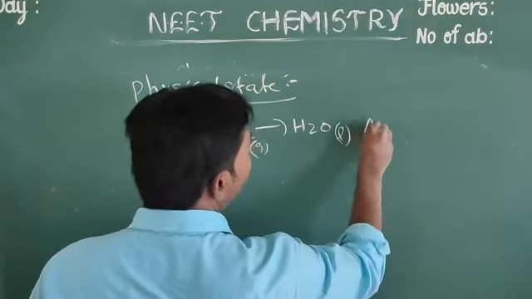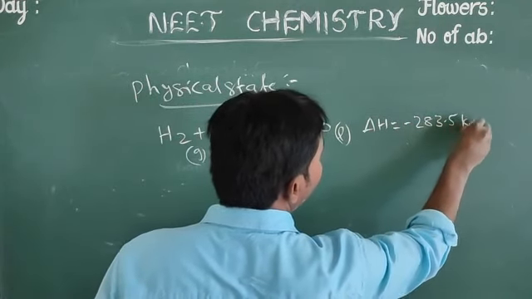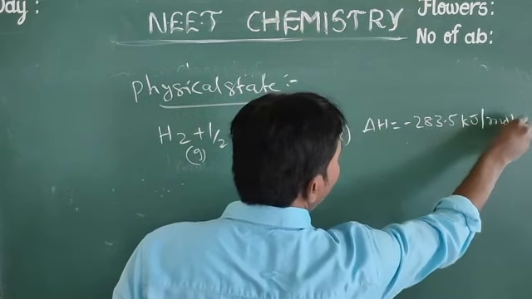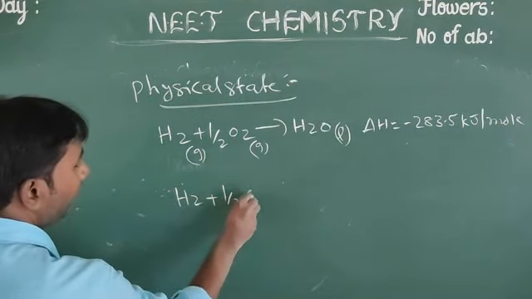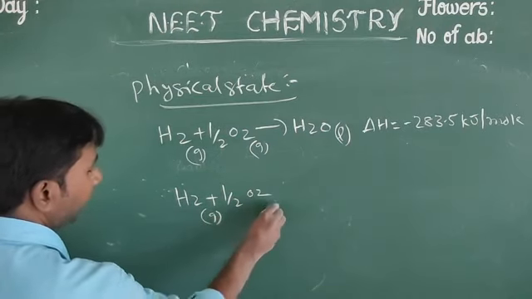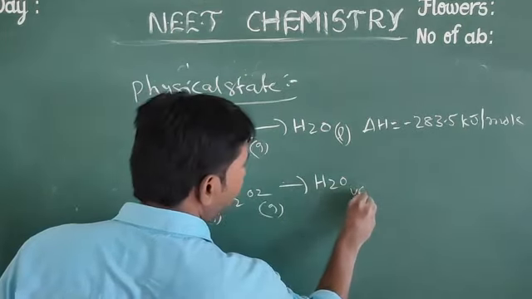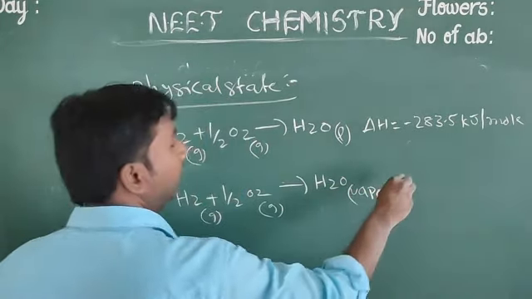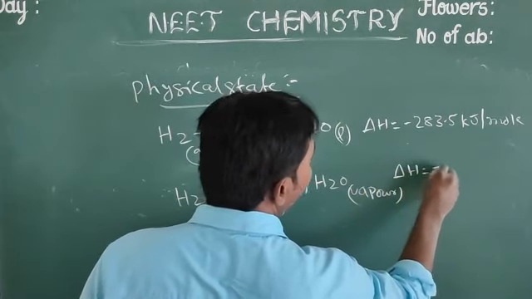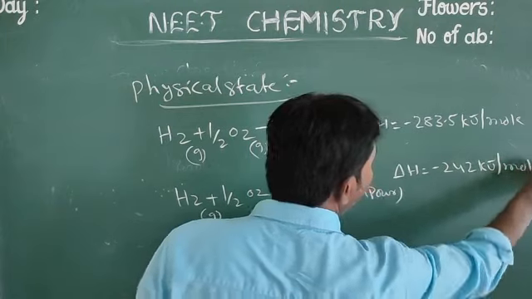Here del H equals minus 283.5 kilojoules per mole. Next, H2 plus half O2 gives H2O in vapor form, gas only. Here del H equals minus 242 kilojoules per mole.